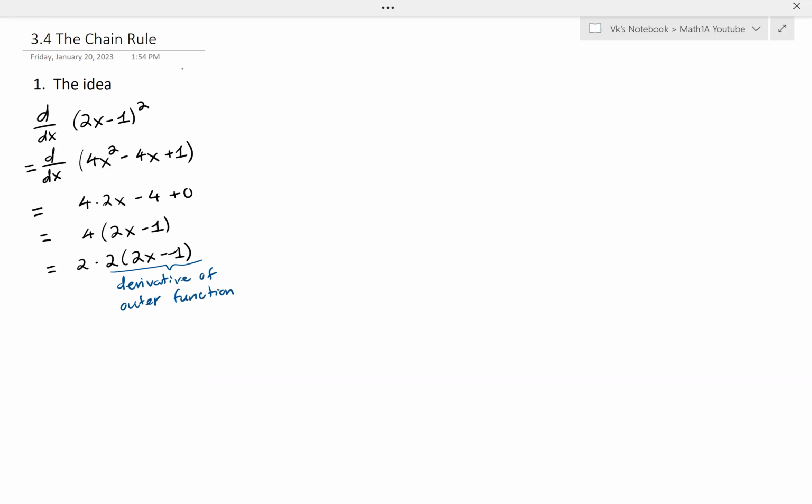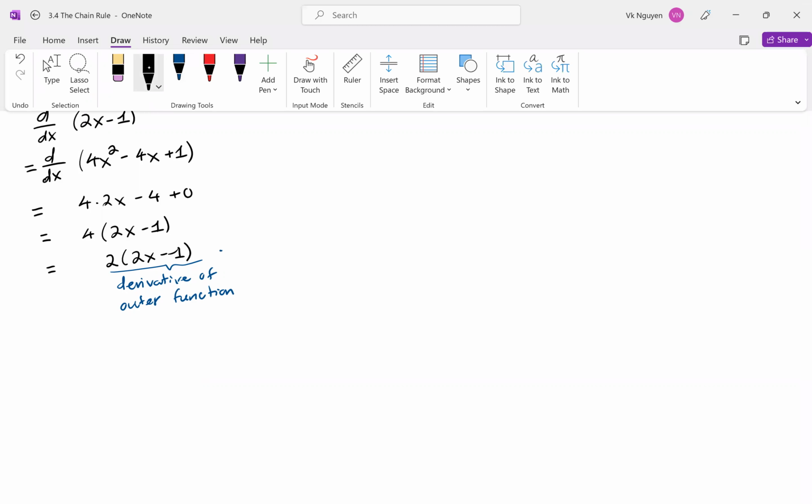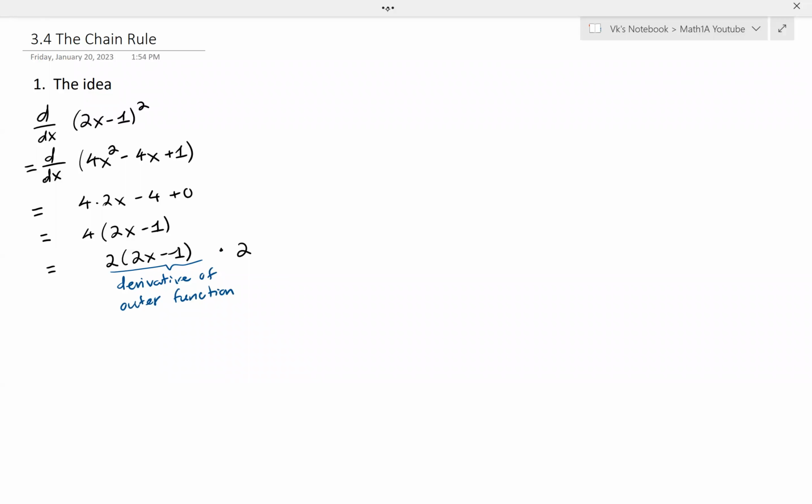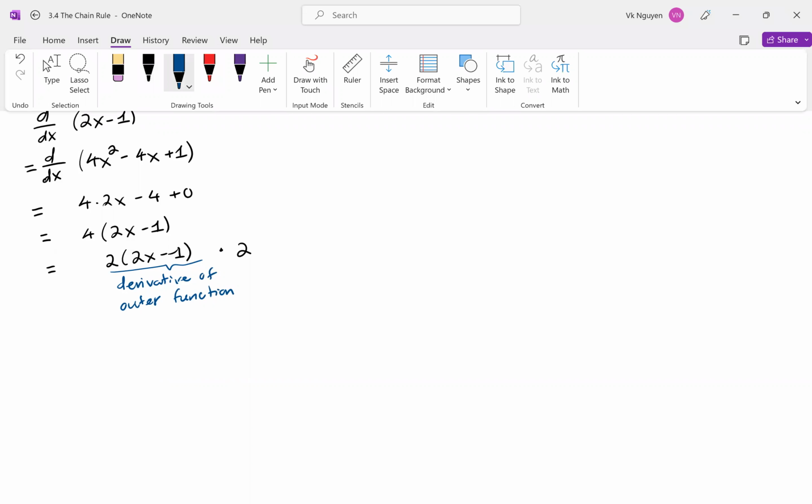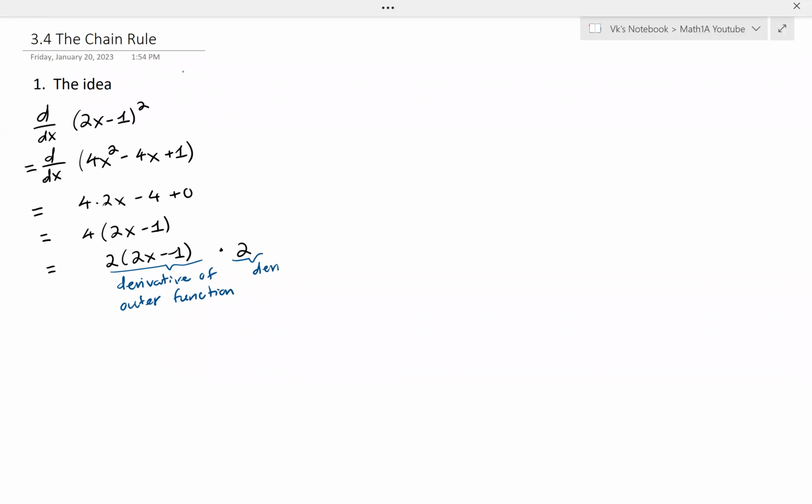And then the number 2 here is the derivative of 2x minus 1. We're gonna move this 2 right here. Derivative of inner function. Pretty cool, huh?